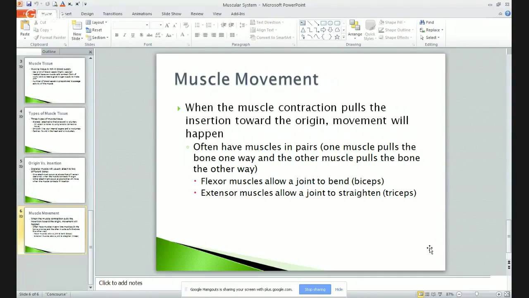Your flexor muscles allow a joint to bend, like your bicep. When you bring your arm all the way up to pump some iron and show off the guns, your bicep is the flexor. When you pull it back down and your arm goes straight again, you can feel your tricep tightening. That's the extensor.